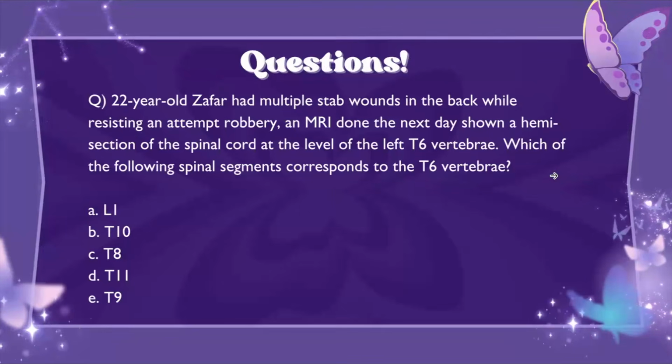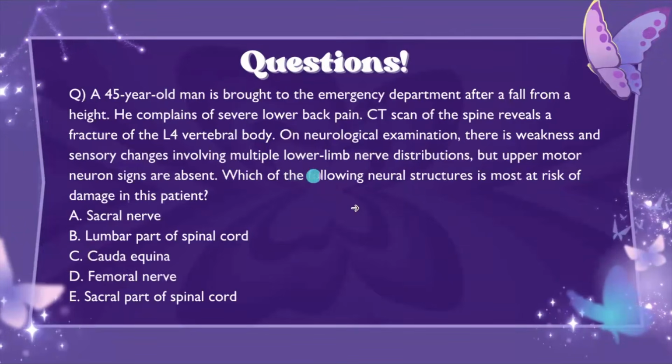Okay, questions. I'm going to move on very quickly, so please pause in order to answer them. T6, we said we would add 2, so T8. Very simple. Cauda equina. Why? Because we said anything below the level of L1 to L2, you would risk damage to the cauda equina.